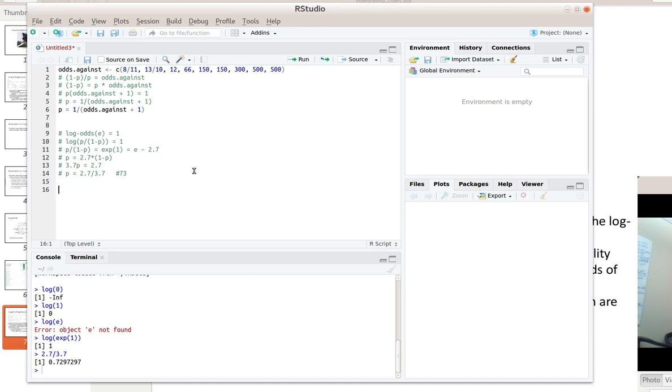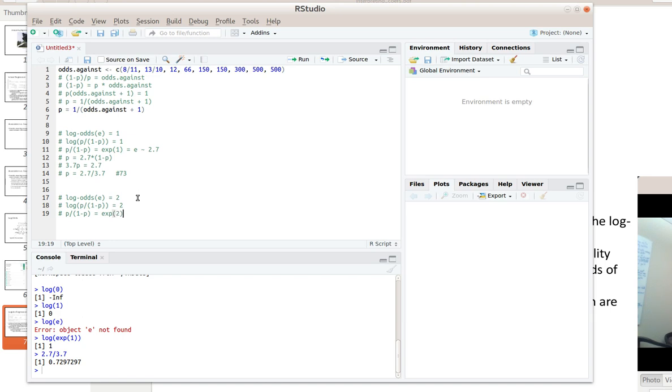So what happens when the log odds increases by, let's say, 1, and it started out at 1 as well? So if the log odds is now equal to 2, that means that P divided by 1 minus P is equal to exp of 2.